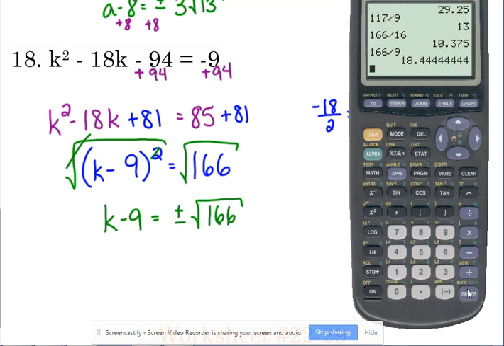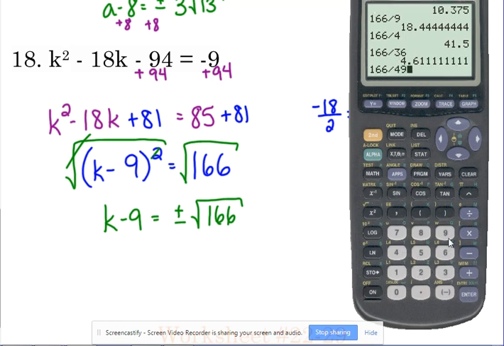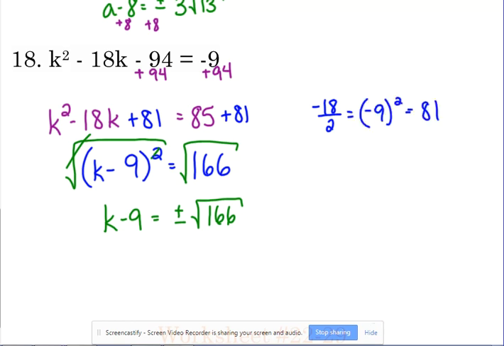How about 9? Nope. 4? Nope. No, it's not 25. Nope. Not looking like this one's going to simplify. And that's okay. Not all of them do. So it doesn't simplify, so all I need to do is get my variable by itself. K equals 9 plus or minus the square root of 166.